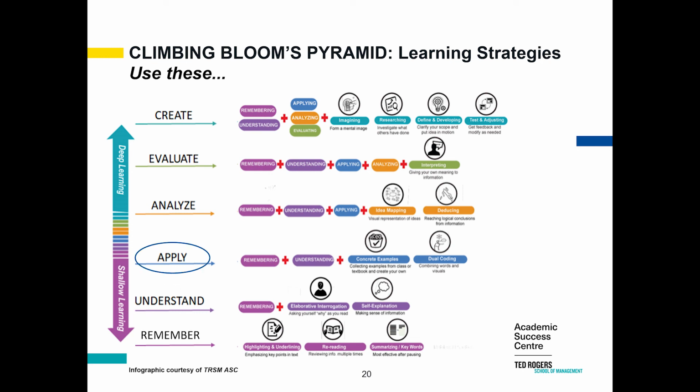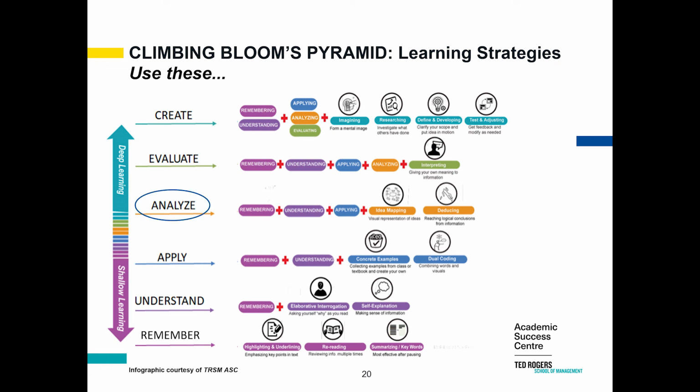At the next stage, to apply your knowledge, you have to use the strategies from the previous, understanding, stage, as well as 2 more learning strategies. The first is to use concrete examples by collecting examples from the lecture or your textbook and brainstorming your own. The second strategy is called dual coding, which we had explored earlier with the definition of tariffs and the example of Cuba. It involves combining words and visuals.